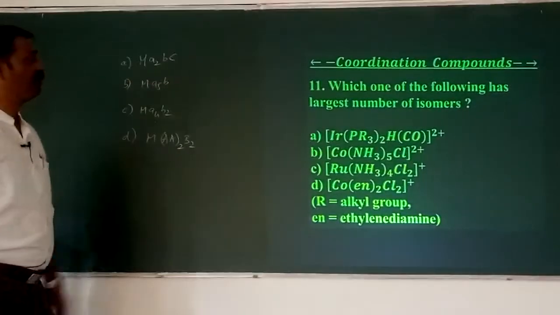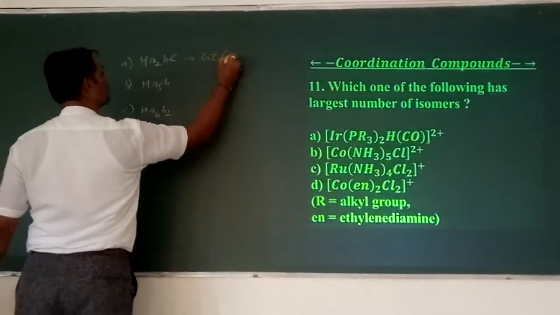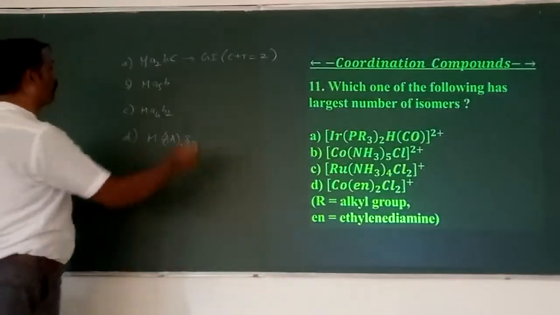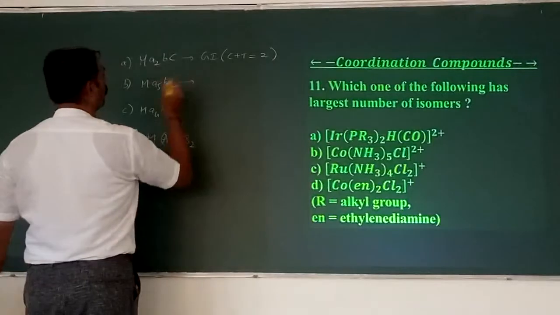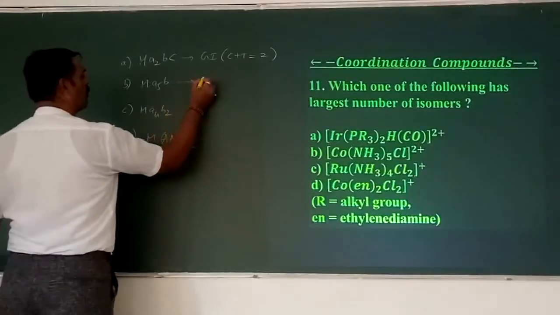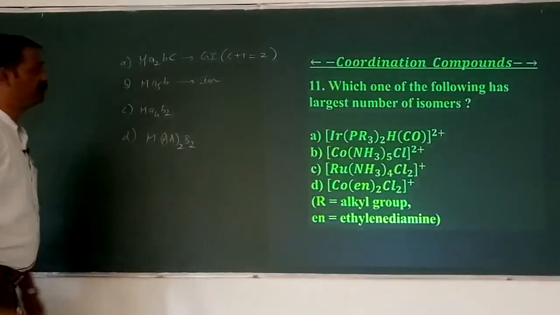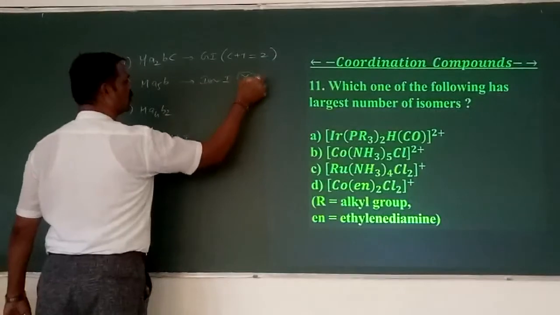So here we can expect only the geometrical isomers, that is cis plus trans, equal to 2 isomers are possible. Nothing about that. So here we can expect only the structural isomerism called ionization isomerism. Only the ionization isomerism, but not the geometrical isomerism.